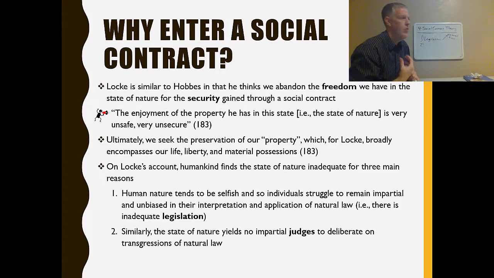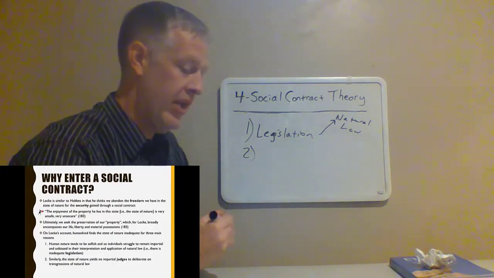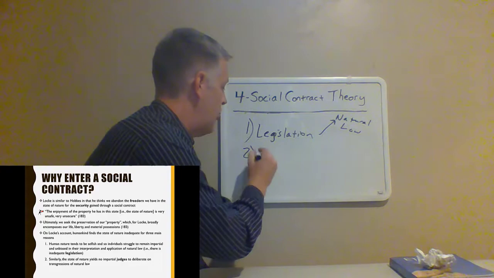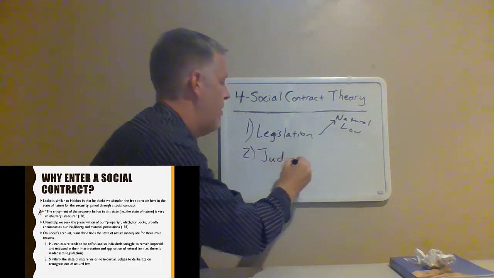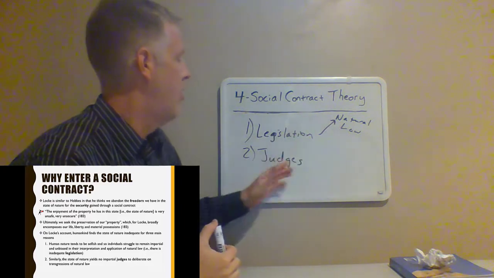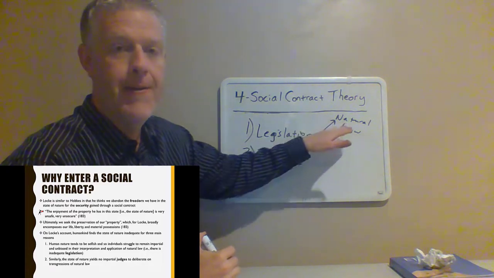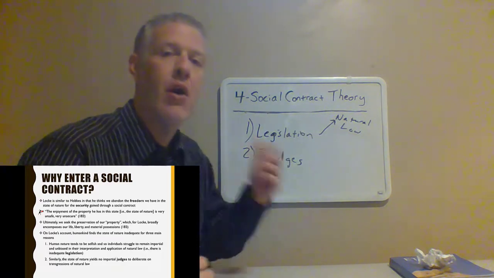And so we don't want to be judging cases that we're actually involved in, right? And so by entering into a social contract, we're going to get better judges, namely impartial ones. We're going to get better legislation of the natural law, better judges with respect to cases where this has been violated. That won't be as harsh, right?